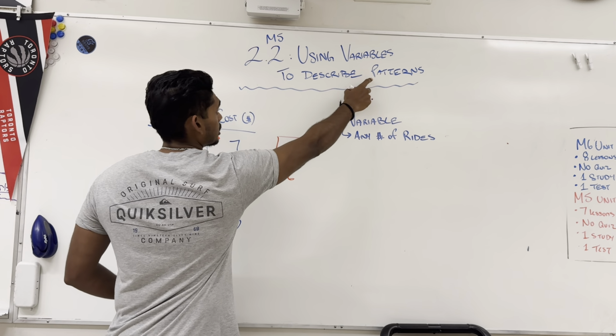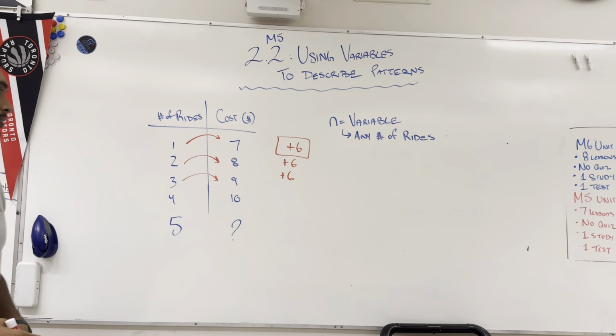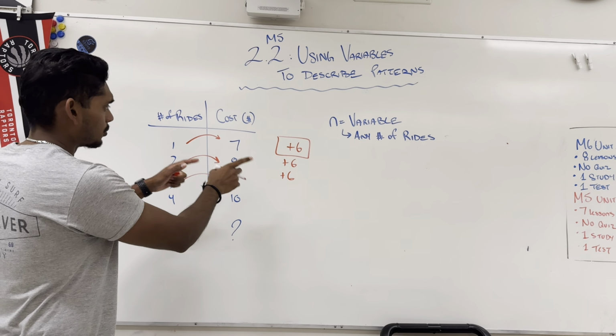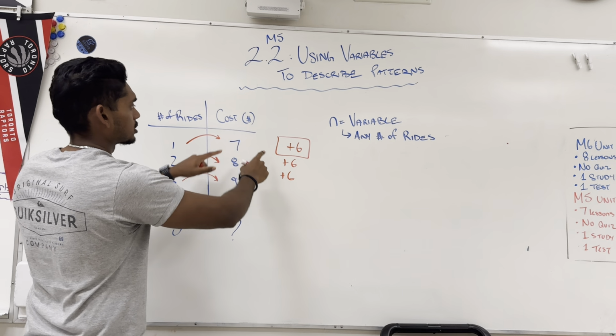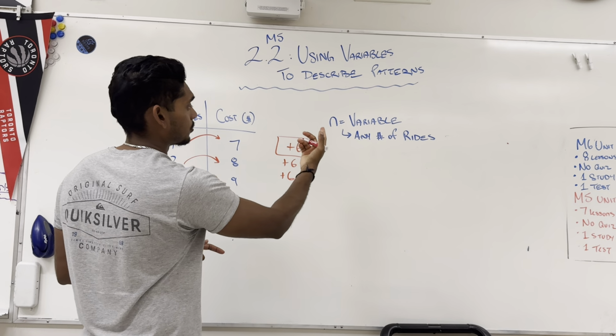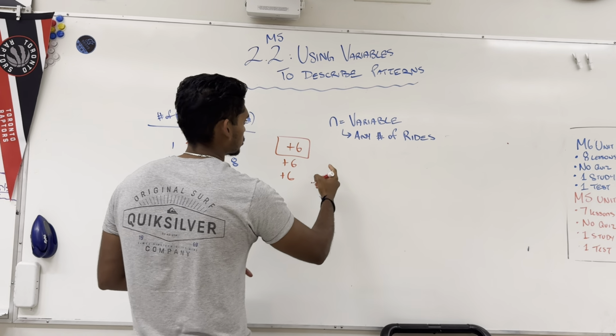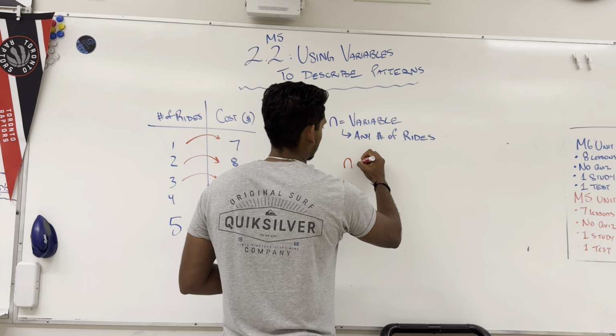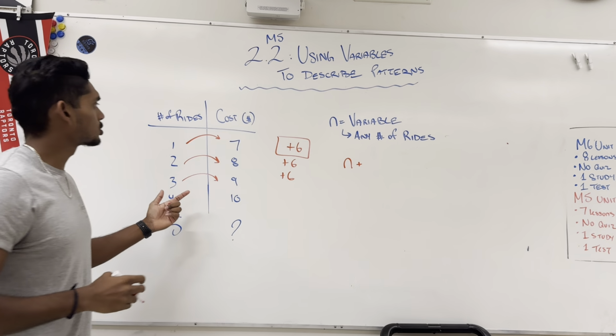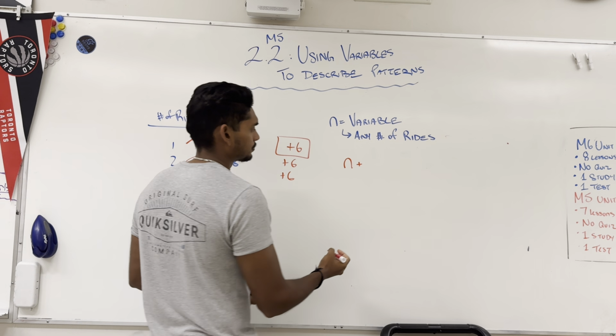That's our pattern. Now we just have to use a variable to describe that pattern. How we do that is number of rides plus 6 equals our cost. That's the relationship. Now we have to write that using a variable. So n represents any number of rides. n plus what will give us our cost?